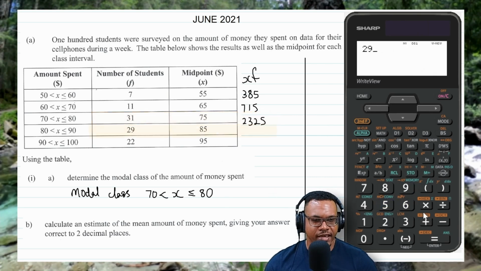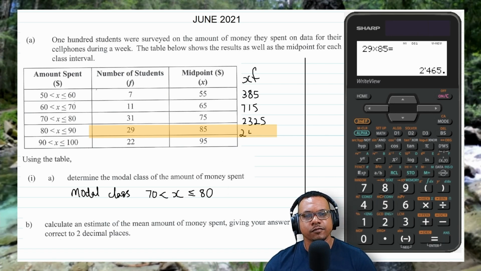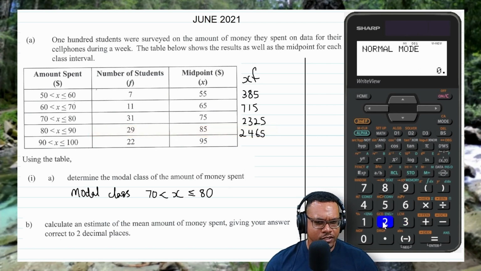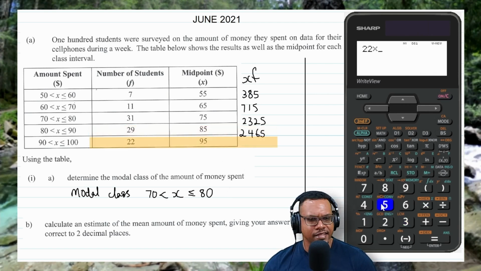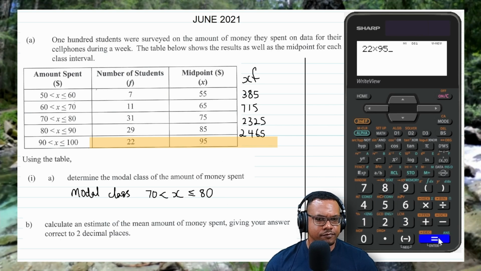Going to multiply 29 by 85. That's 2,465. And then 22 by 95. That's 2,090.